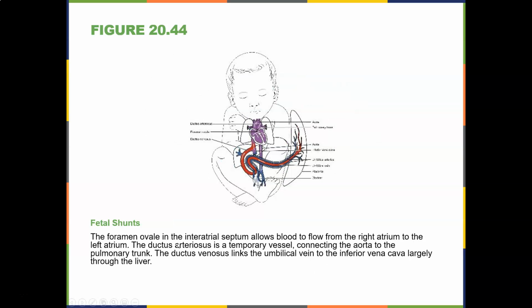Fetal shunts: the foramen ovale in the interatrial septum allows blood to flow from the right atrium to the left atrium. The ductus arteriosus is a temporary vessel connecting the aorta to the pulmonary trunk. The ductus venosus links the umbilical vein to the inferior vena cava, largely bypassing the liver. So remember, the blood supply is usually supplied from the mother. So in the baby itself, it skips the whole pulmonary circuit.